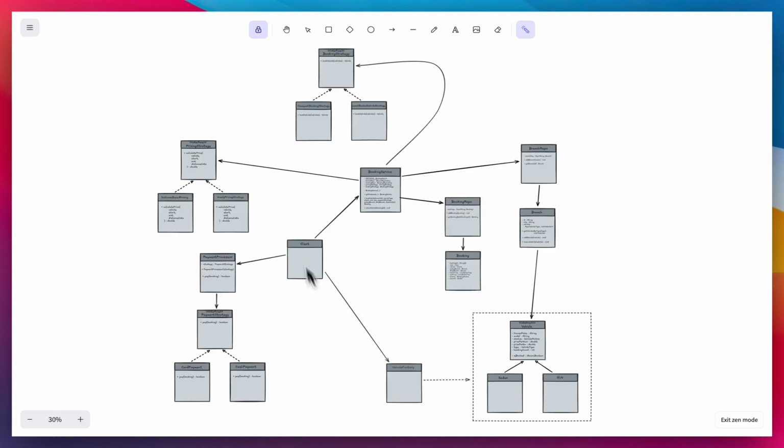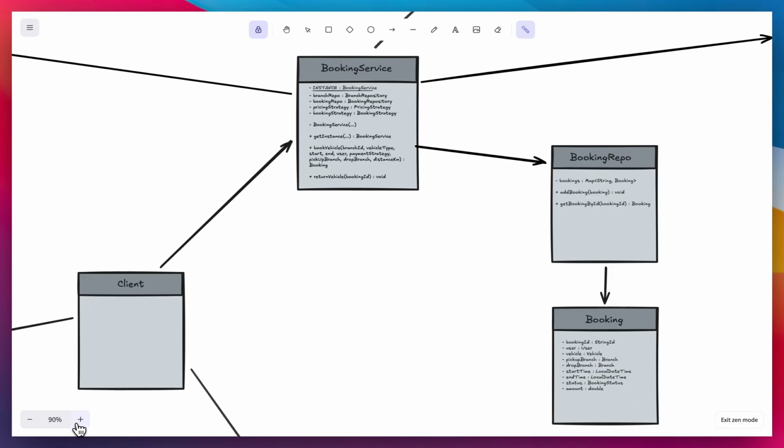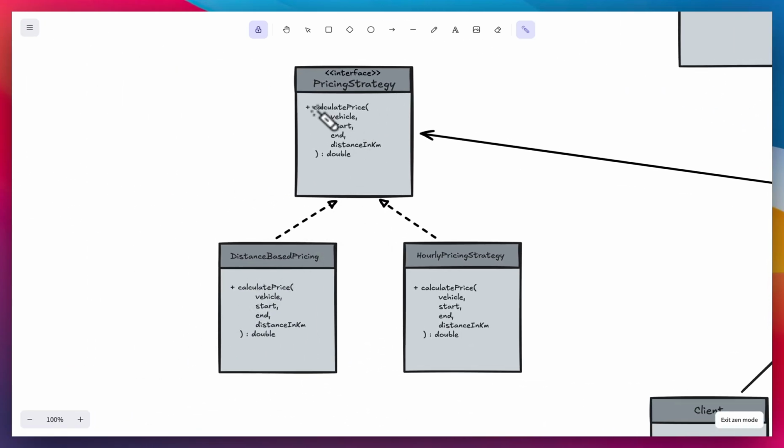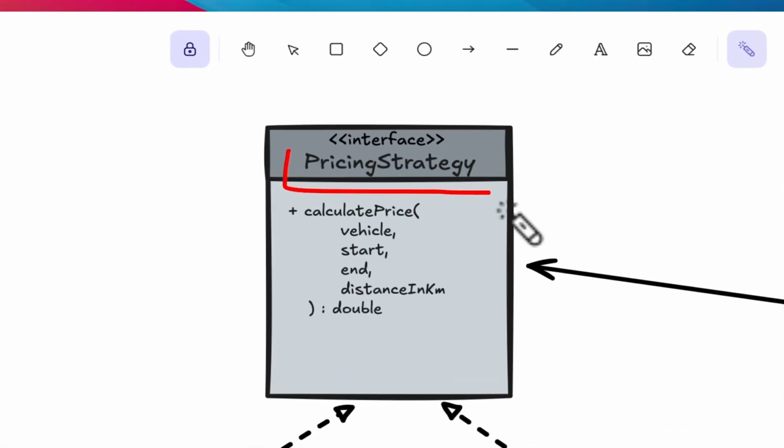This is the class diagram of the car rental system. So let's try to understand this by going through each and every component one by one. Let's start with the pricing component. In the pricing component, as we have discussed, we would be using pricing strategy. This is the pricing strategy interface, which has a function called calculate price, which takes 4 parameters as input.